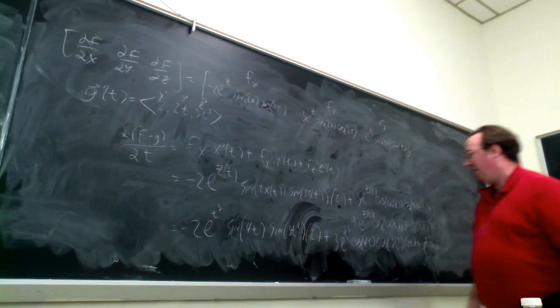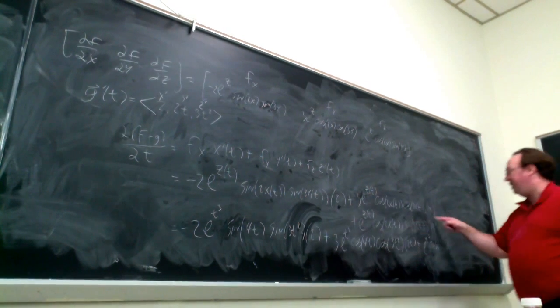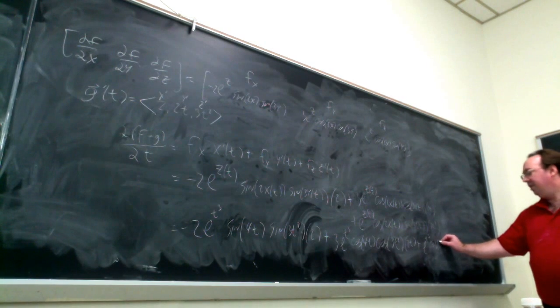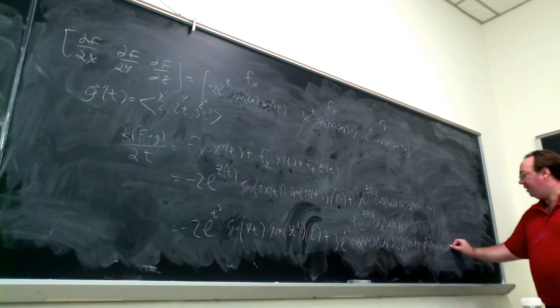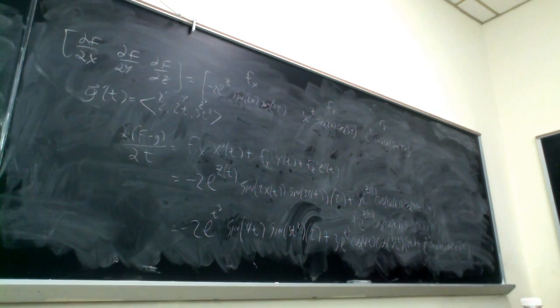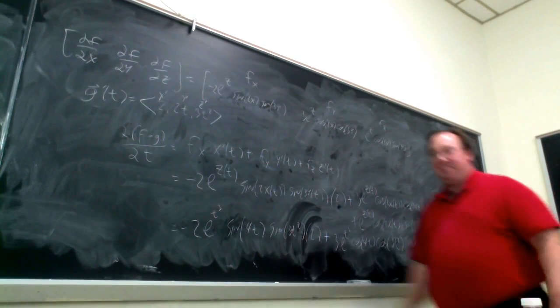So 2 here, 2t, 3t squared. I have one last term, 4t sine 3t squared, 3t squared. And that's it.